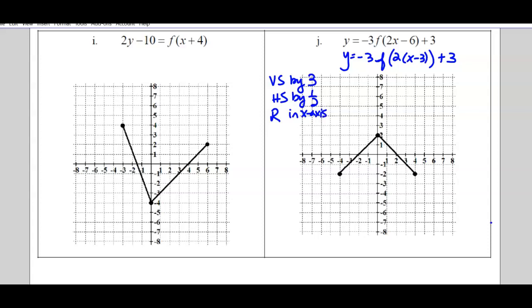And then vertical translation 3 up, and horizontal translation 3 right. Okay, so lots to do for each of those points.